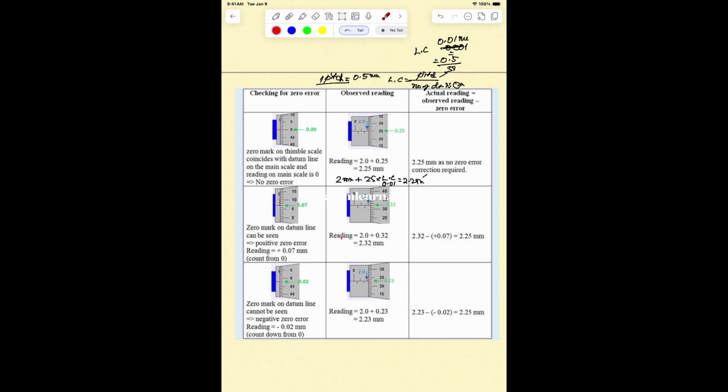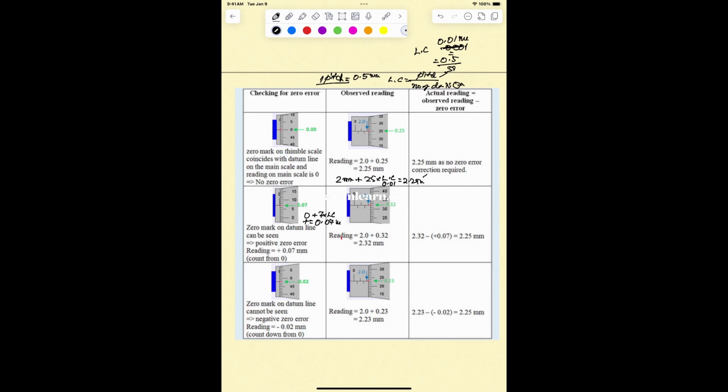After 0, the seventh one is coinciding. Therefore, the zero error in this case is after 0 of the main scale plus seventh coinciding into least count, which is equal to 0.07 mm, which is positive because 0 is visible, that is after 0.